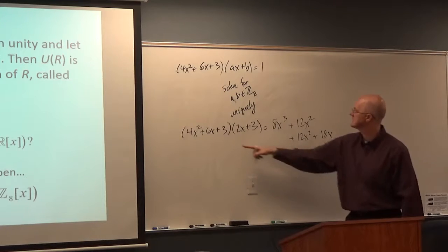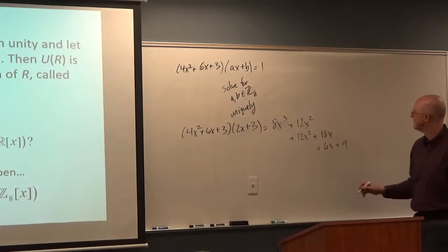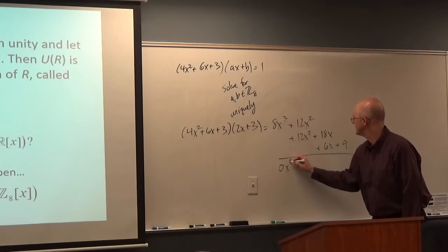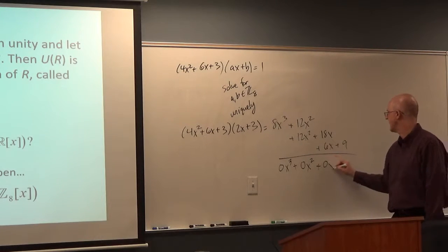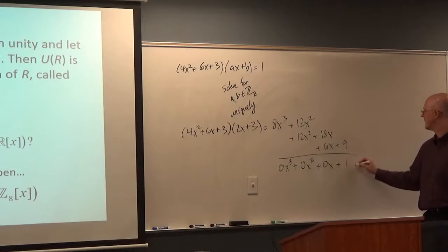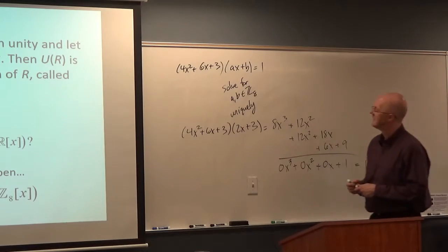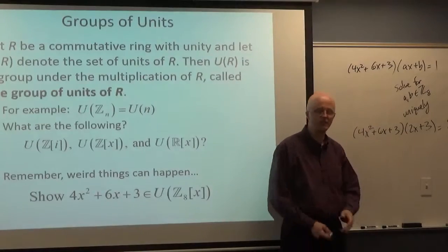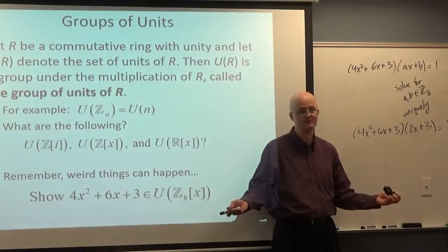The second row is 6x times both of these. And the third one is 3 times both of these. But then when you add and mod by 8, you get 0x cubed plus 24x squared is 0x squared plus 24x is 0x. And then 9 mod 8 is 1. You get 1. So this is a unit, and its multiplicative inverse is 2x plus 3. Weird, but true.